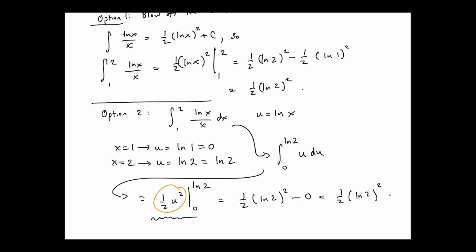Most of the time when I'm doing these, I do option 1. Not exclusively, but most of the time I do. However, option two, this idea of transforming the bounds, so what those numbers are, is useful in other contexts.